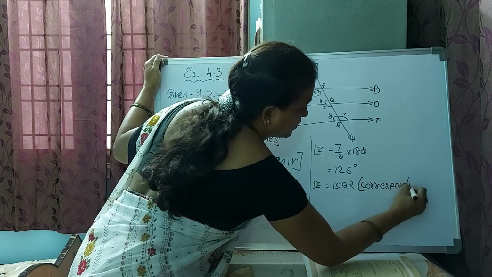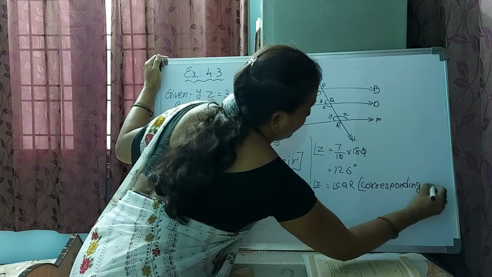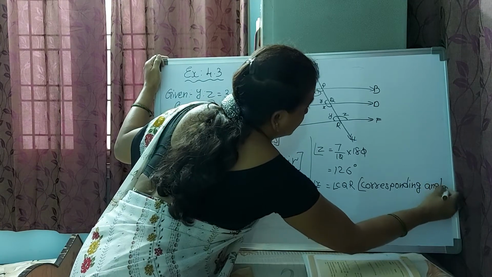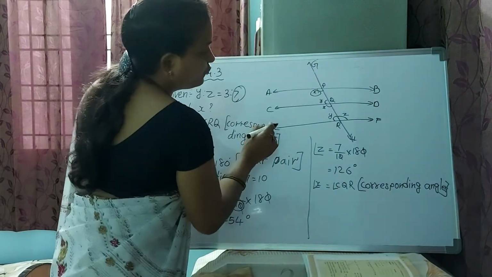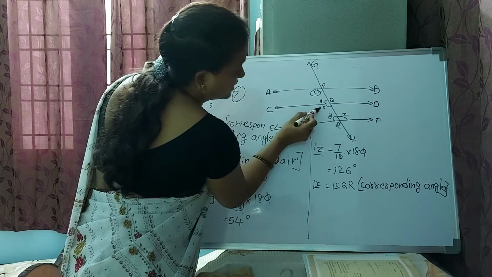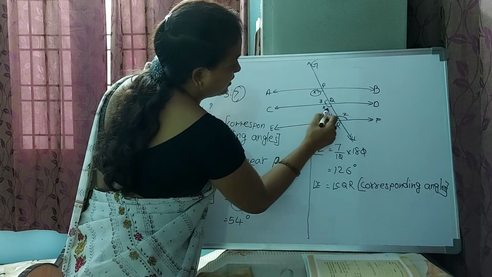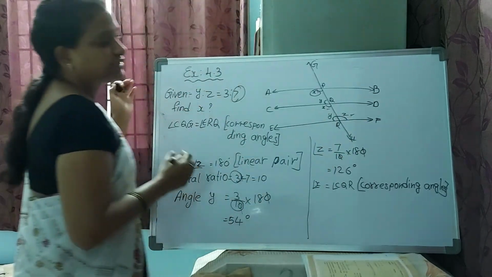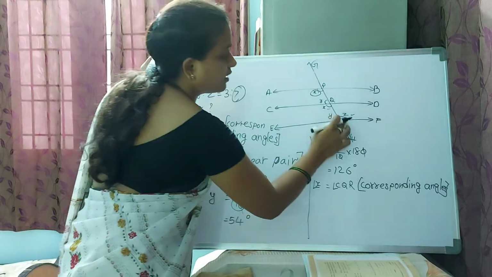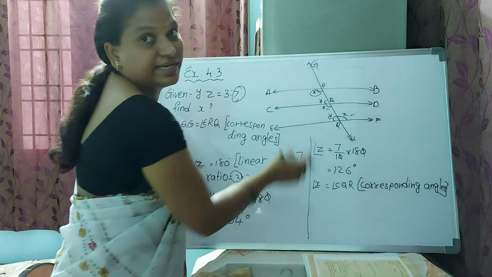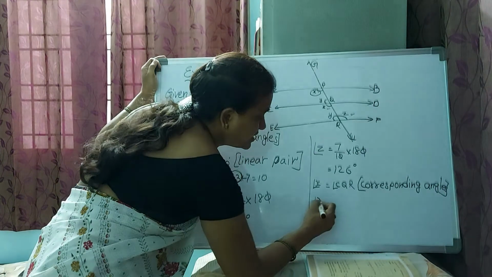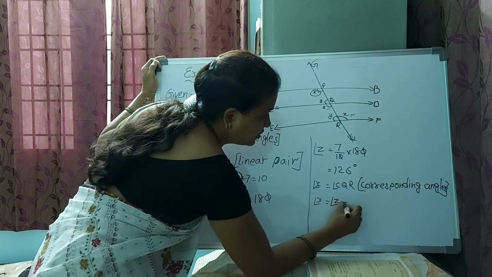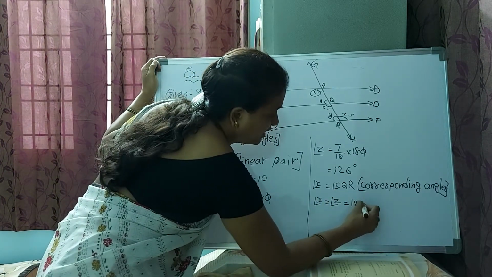Now observe only these two angles, angle x and angle z. These two are alternate interior angles, so angle x is equal to angle z, which is 126 degrees.